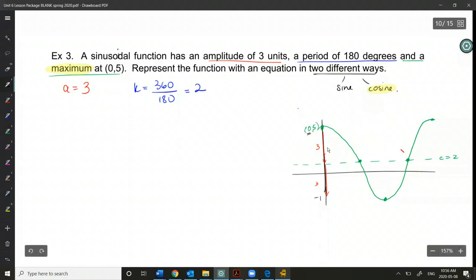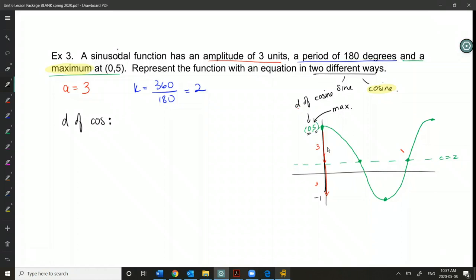The x value here gives me information about the d of cosine, and the y value gives me the max. So always look for the d value as the x value of the maximum. So d of cos here, and I know it's cosine because this is information about the maximum rather than the rising midline, is 0. And we calculated the c by basically doing the max value minus the amplitude.